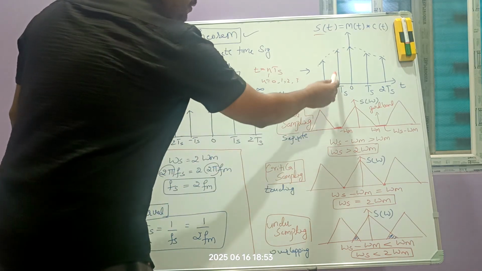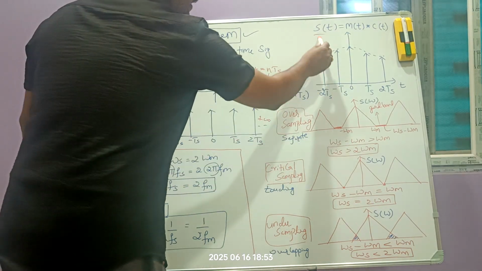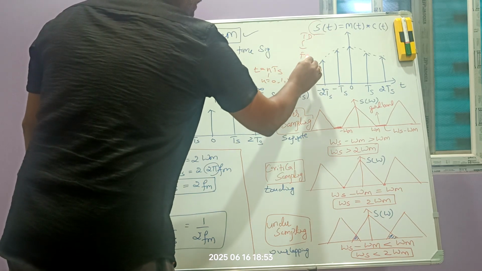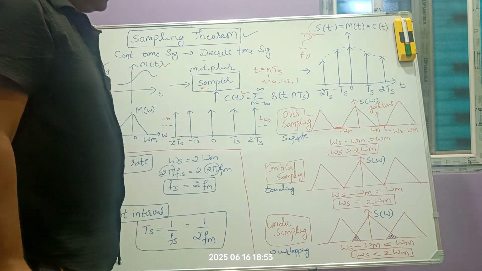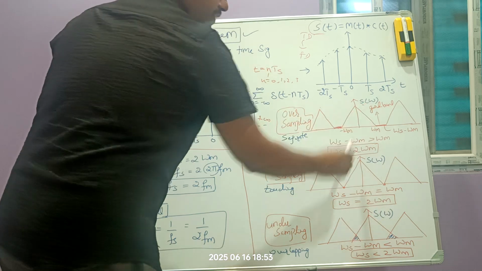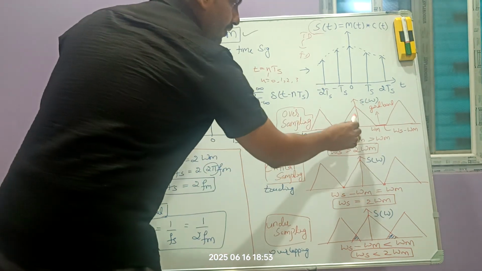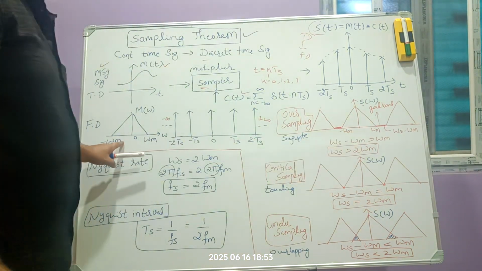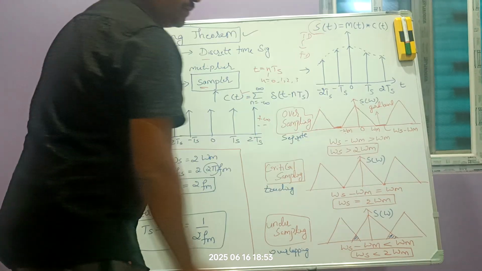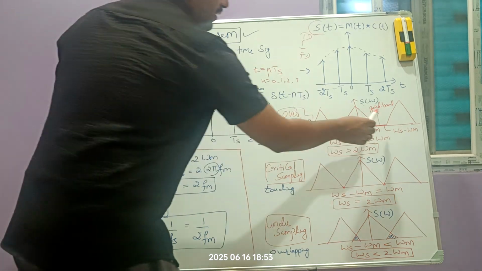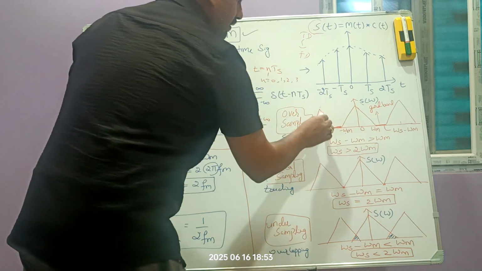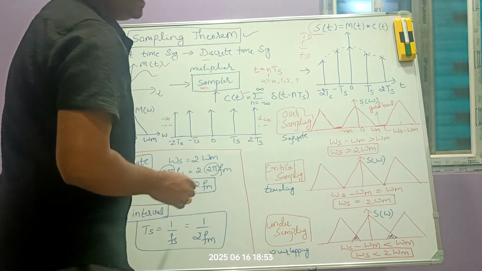Now after this, we have this in the time domain, and we should write it in the frequency domain. So how to draw this: look at this, s of t is converted to S of omega, where we have considered this message as omega m positive, and this is minus omega m. Similarly, we have the series, so for the next one, we have the next FDM copy, and here is the next one.